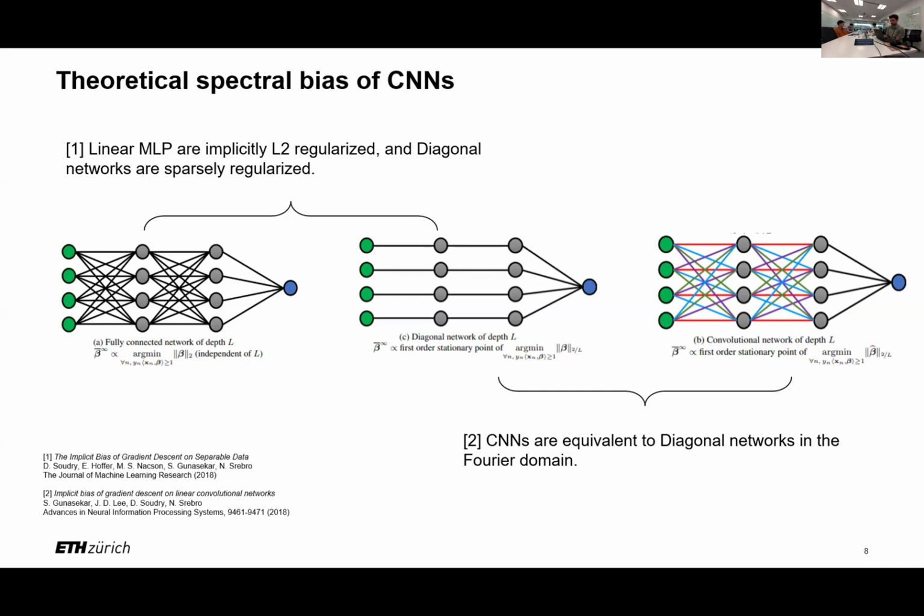Diagonal networks are these toy networks that you see in the middle, where instead of all neurons being interconnected, it's a one-to-one connection. Other papers have proven that these networks have a sparse bias on their weights in the spatial domain, which means that the CNN will have a sparse bias in the frequency domain.